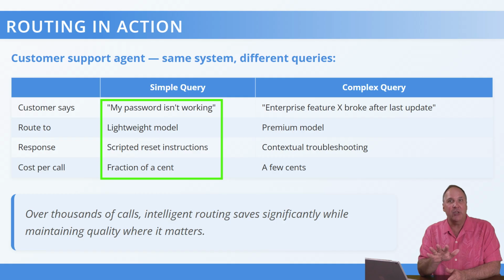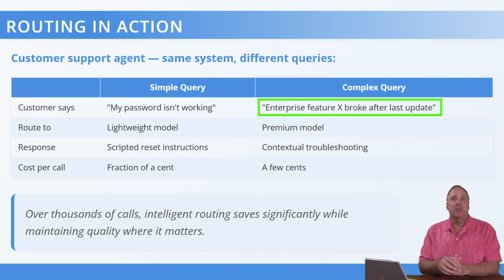Now the same agent, but a different customer. This customer says, I'm on the enterprise plan, but this particular feature isn't working, and it was working last month. This is blocking our workflow. That's complicated. The root cause might be a setting change or a bug or a feature update.